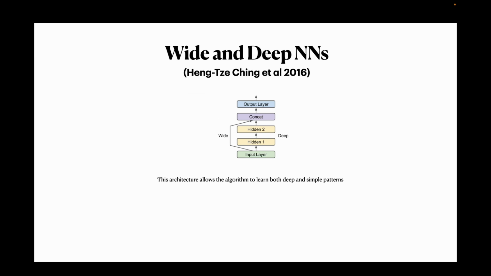Another architecture that I want to discuss, which is interesting, is called wide and deep neural networks. That is coming from a publication from 2016. We can have cases where your input layer goes through many hidden layers before it gets into the output layer, but we also feed the input layer to the very last layer too.